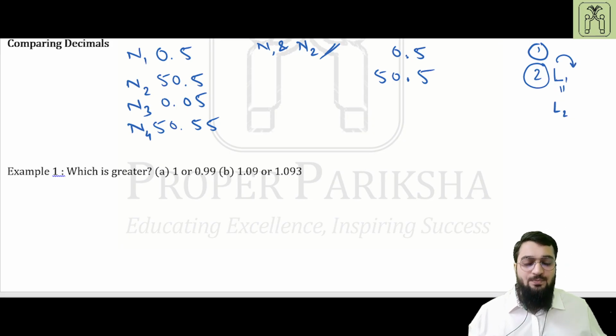So here, the total number of digits on the left side of the decimal is 0. Why? Because in the previous video we discussed that zeros on the left side of the decimal point at the extremes do not create a difference in the value of the decimal.